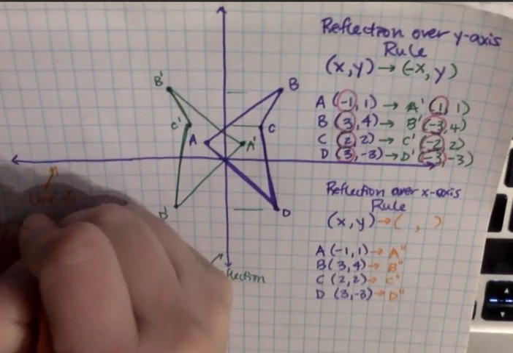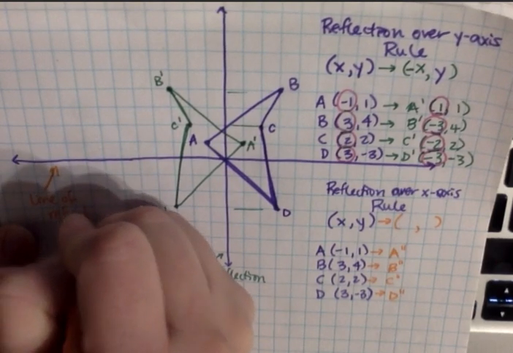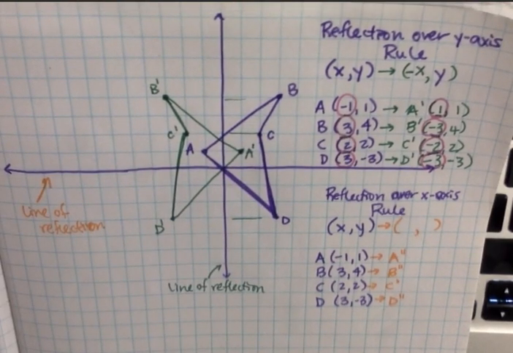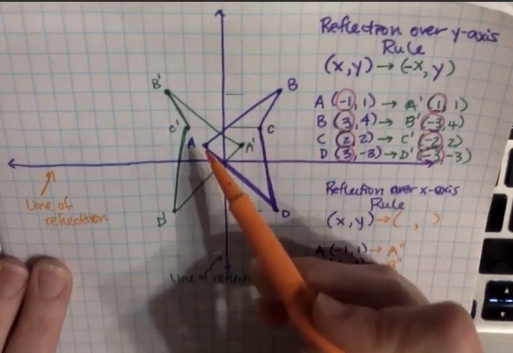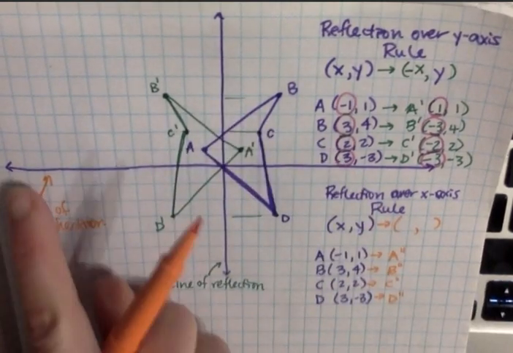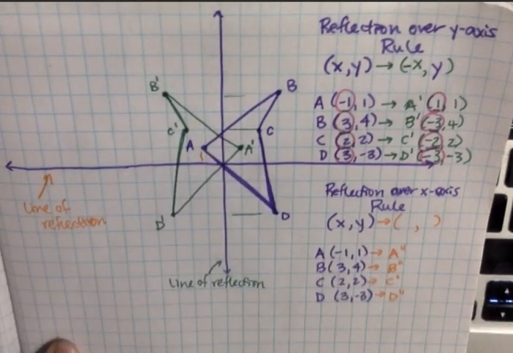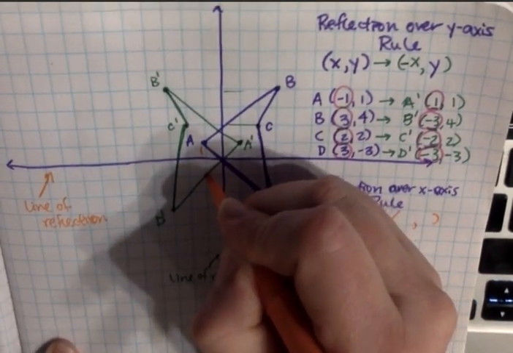The line of reflection is now my x-axis. I'm going to take all of these purple points and reflect them over the x-axis. A is 1 unit up, so it's going to go 1 unit down.